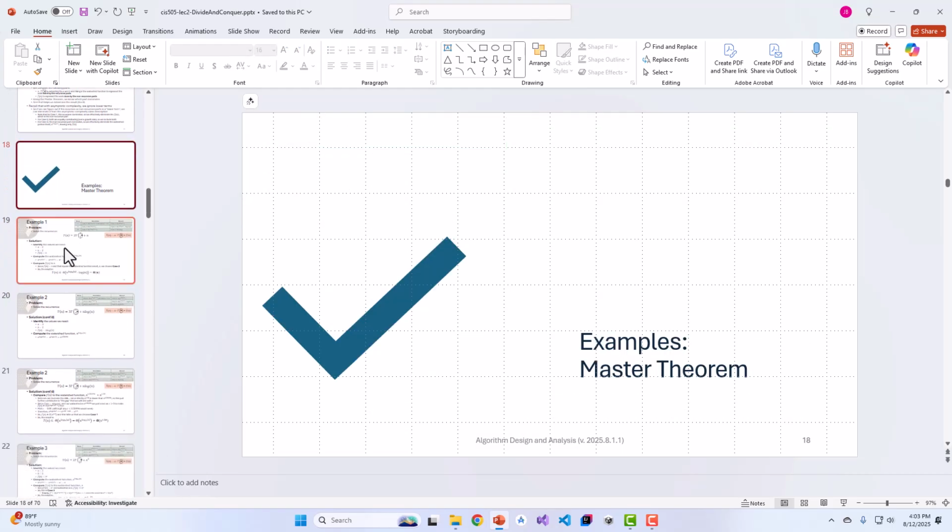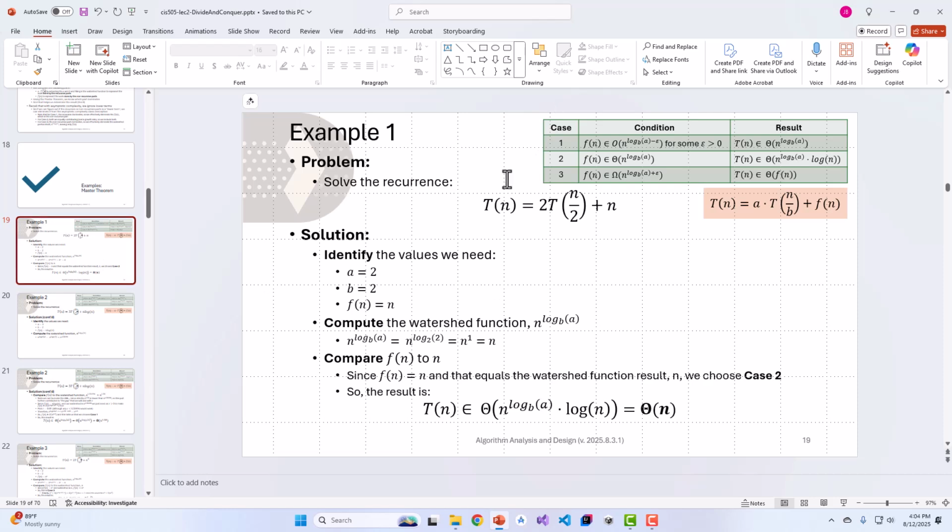All right, here are some examples. Let's take a look at example 1. You are given this recurrence relation: 2 times t of n over 2 plus n. So we identify the different parts, a, b, and f of n.